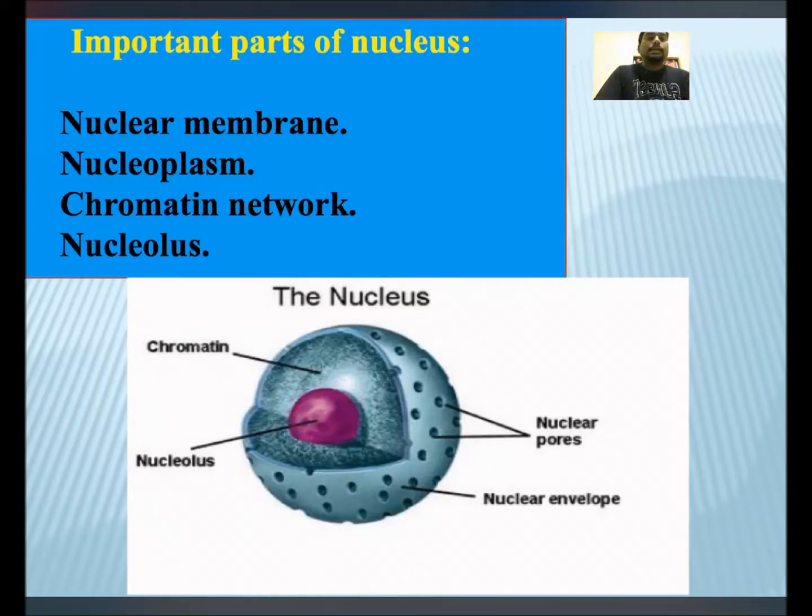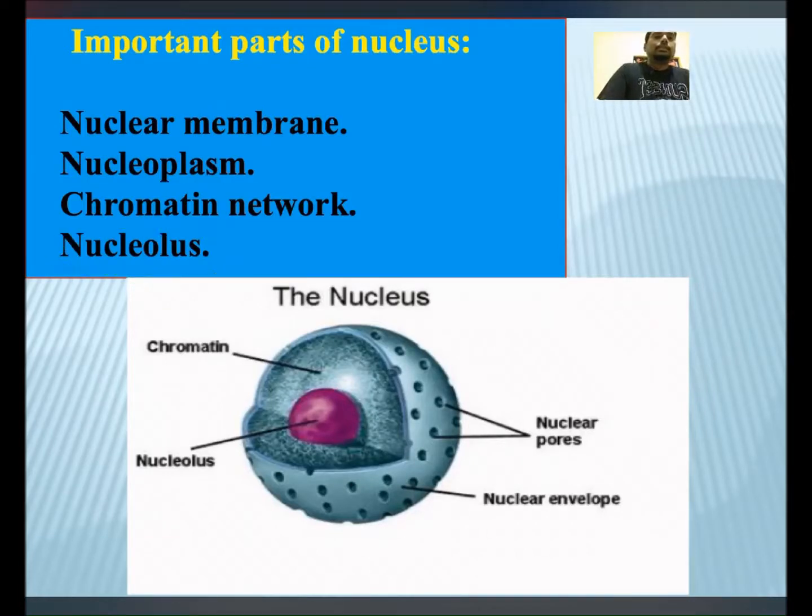And nucleus has double layered membrane, and this membrane is called nuclear membrane that separates nucleoplasm and cytoplasm of the cell. Another important part of nucleus is chromatin network. Chromatin network is a thread-like network present in the nucleus. And nucleolus.